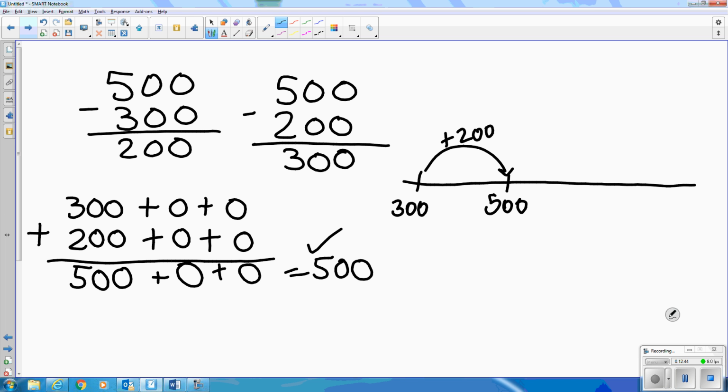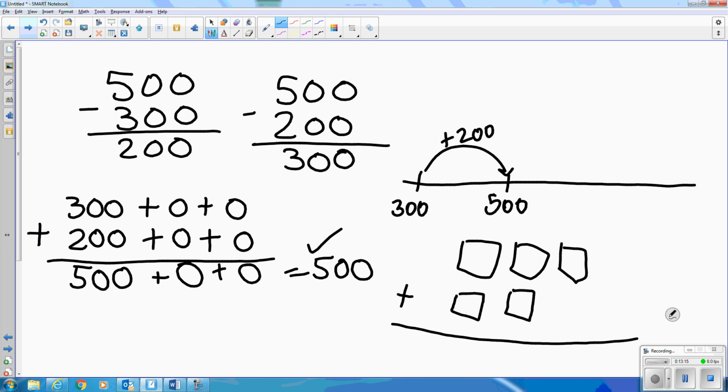Another way that we've learned: we did decomposing, we used the subtraction and addition relationship, we've used number line, base 10 blocks. Let's use base 10 blocks. 300, 3 flats, 0 rods and 0 units, plus 200, 2 flats, equals 5 flats, right?